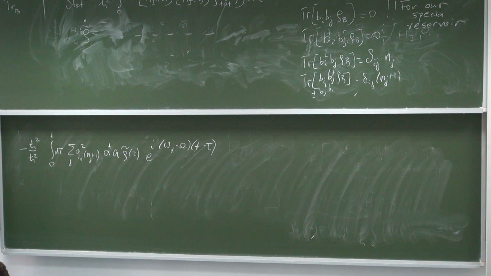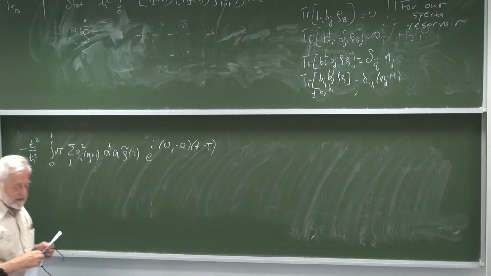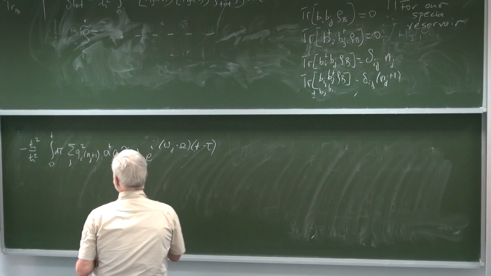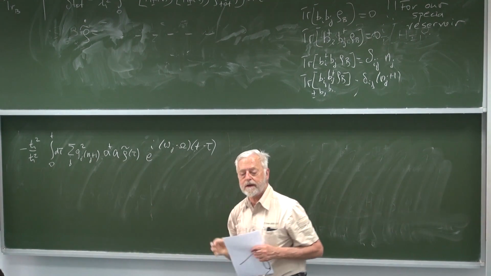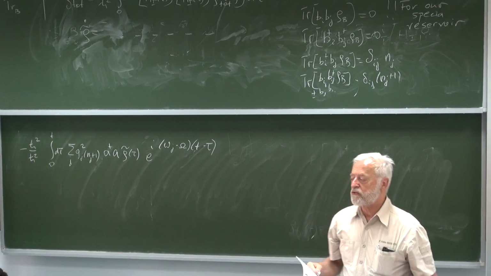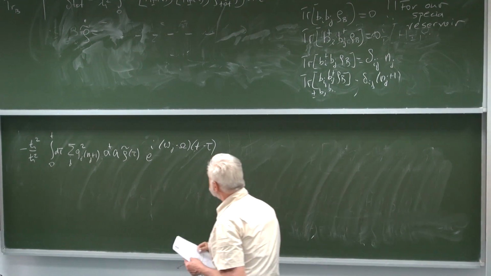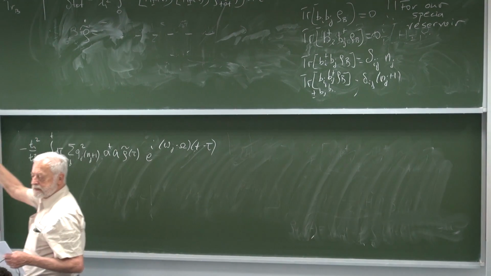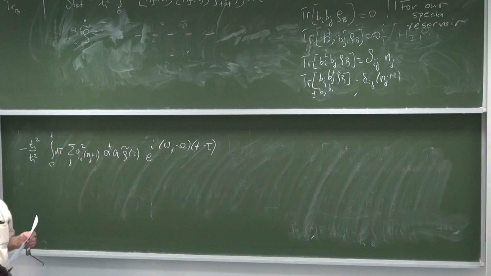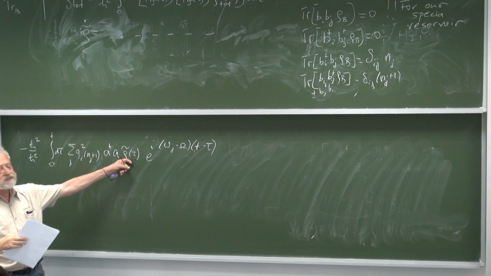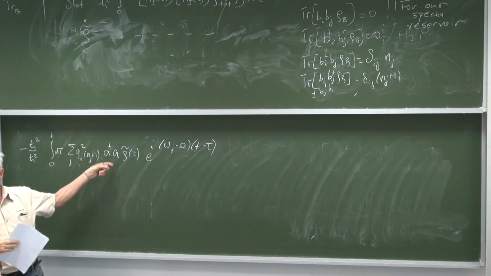And here the little hocus pocus will start. Our term, which is on the right hand side of a differential equation for the reduced density matrix, relates my density matrix of the cavity at time t to the density matrix at time tau, which is variable.